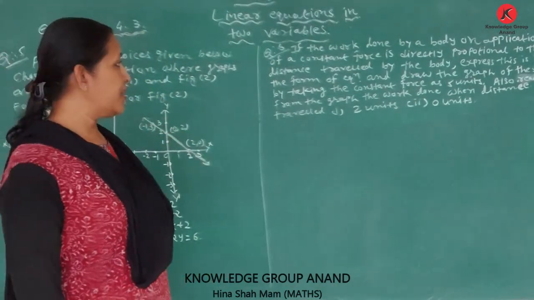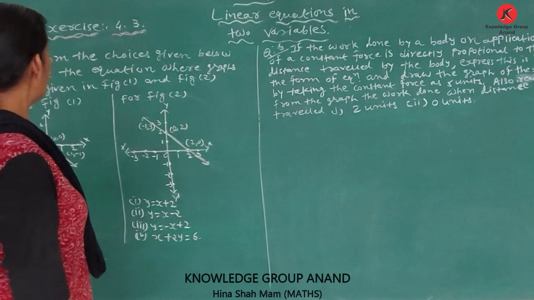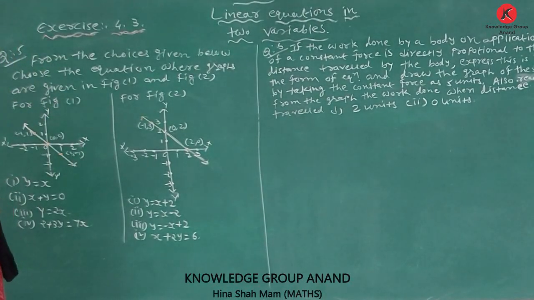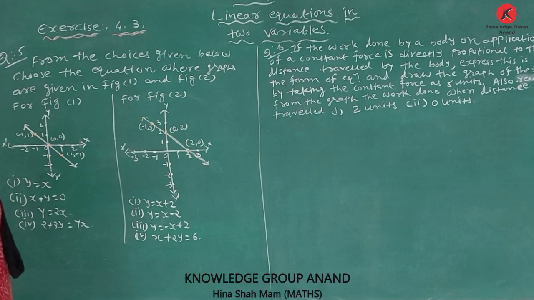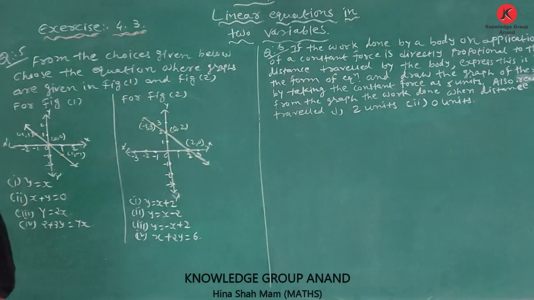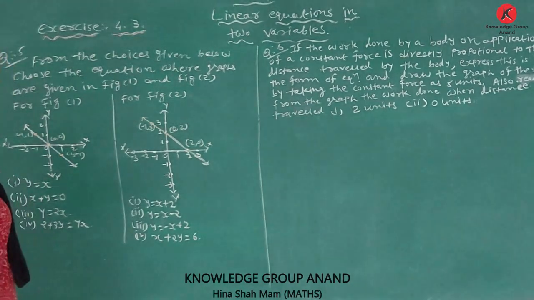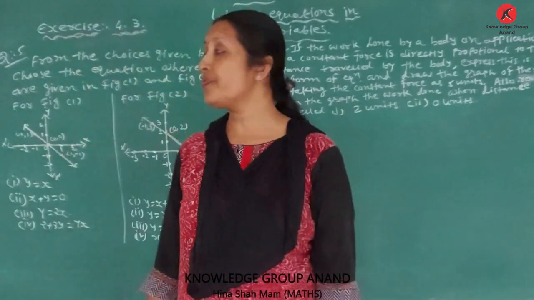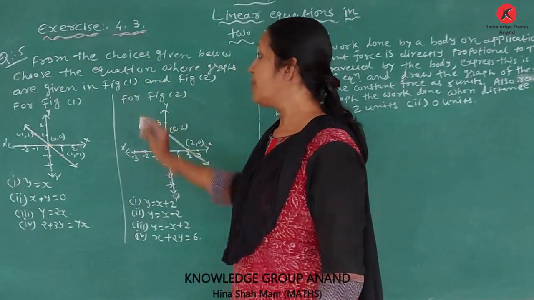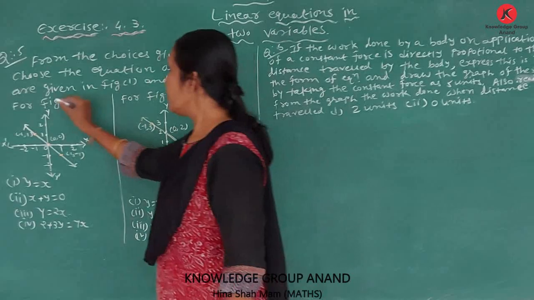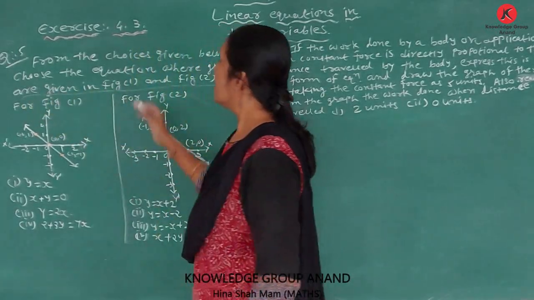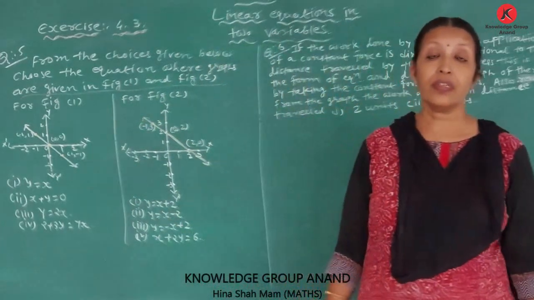Exercise 4.3, question number 5. From the choices given below, choose the equation where graphs are given in figure 1 and figure 2. Here two figures are given, and equations are given.